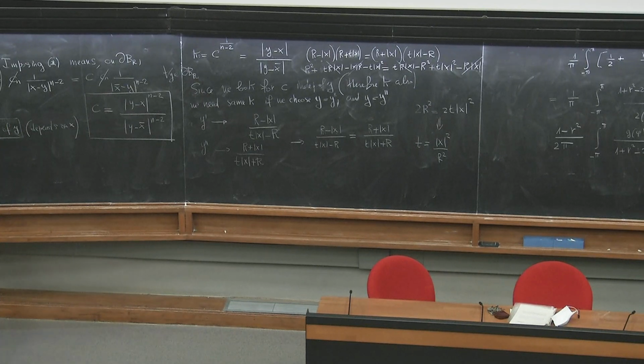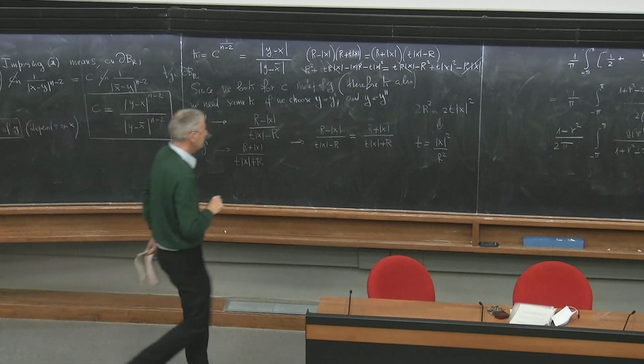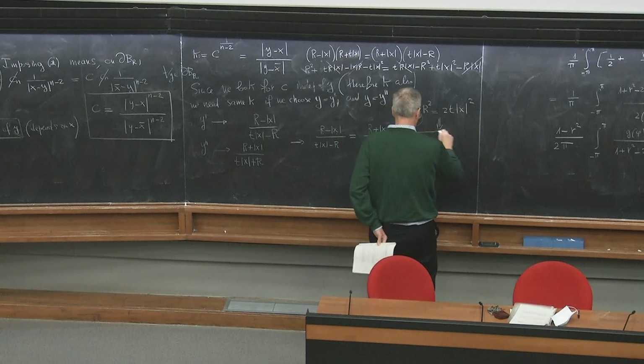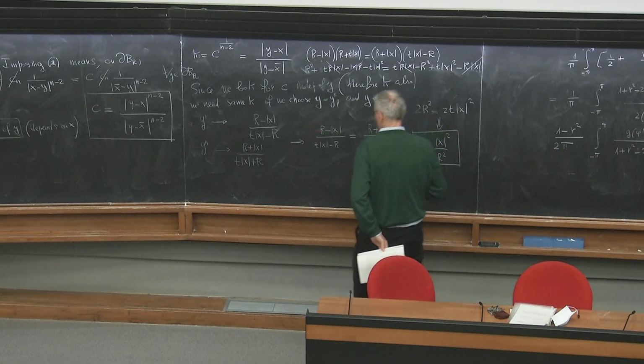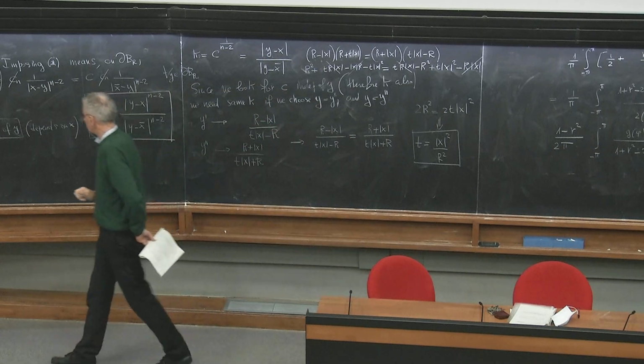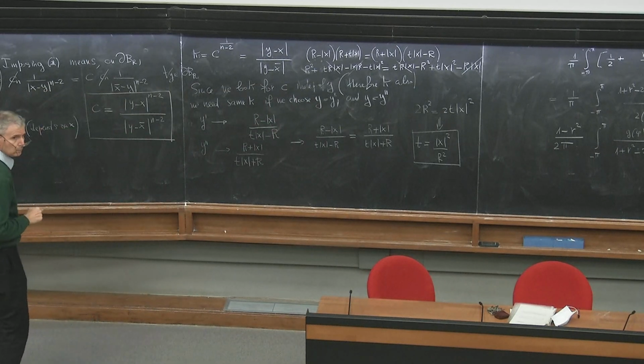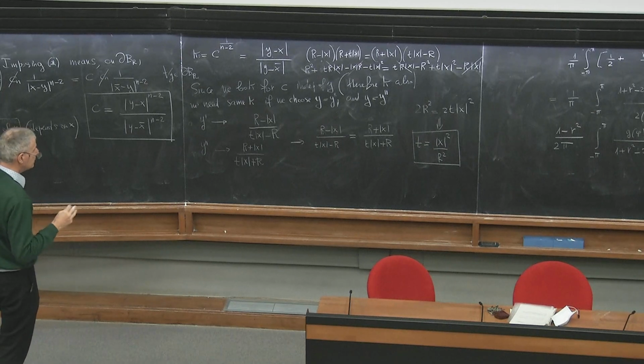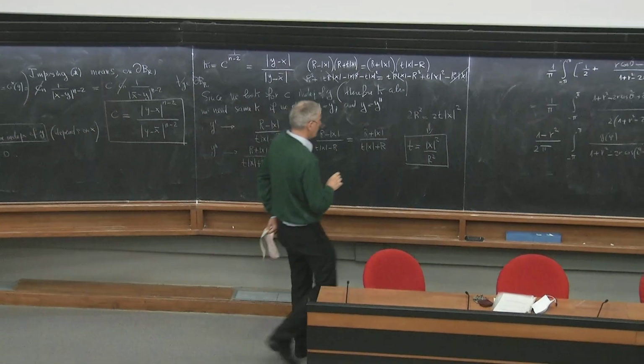Essentially when the point x is very close to the boundary, then x bar is also very close, but on the other side of the ball. Instead, when I go through the origin, x bar is going very far. This seems to be t. The other way around, r square over x square. Yes, thank you.